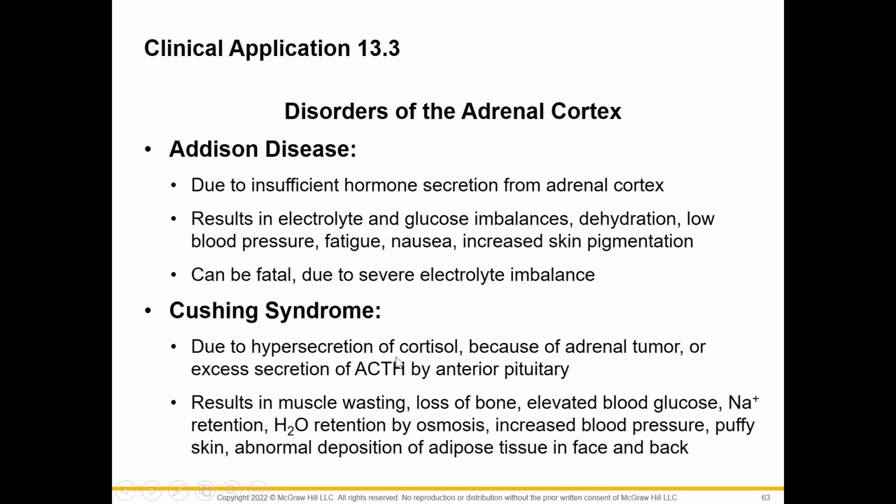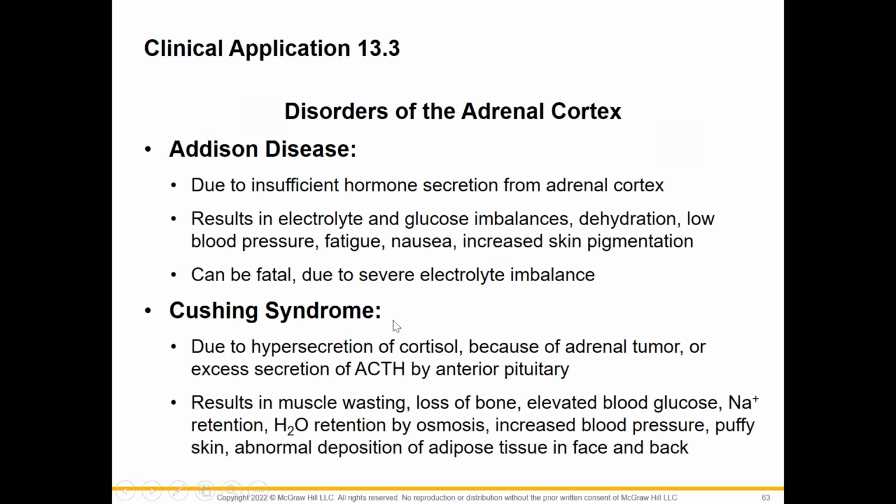When you have this excess cortisol production, that can result in muscle wasting. So remember that your body is in fight or flight mode, or at least it thinks it is because of this excess cortisol production. So because of that, your body's not able to maintain your muscle mass. You're not able to maintain your bone mass. Your glucose levels will be elevated.